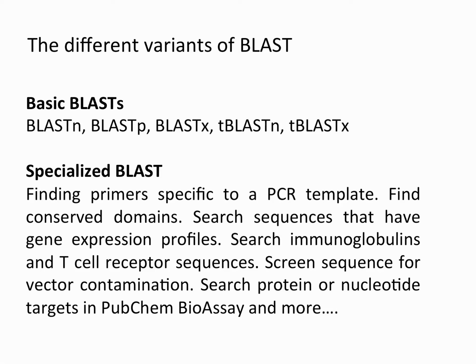In this category, we have BLASTN, BLASTP, BLASTX, TBLASTN, and TBLASTX. In addition, we have specialized BLASTs for more specific problems, like designing primers specific to a PCR template, or finding a conserved domain, or searching for sequences that have a gene expression profile, and others.